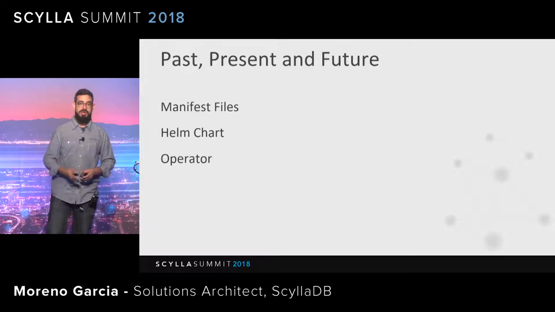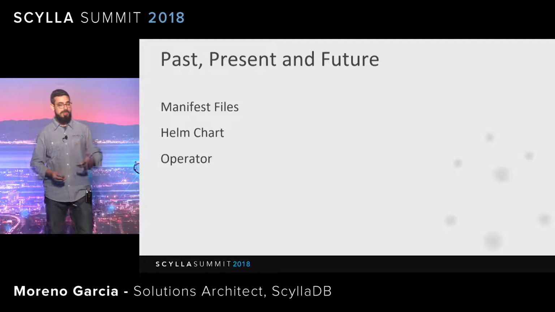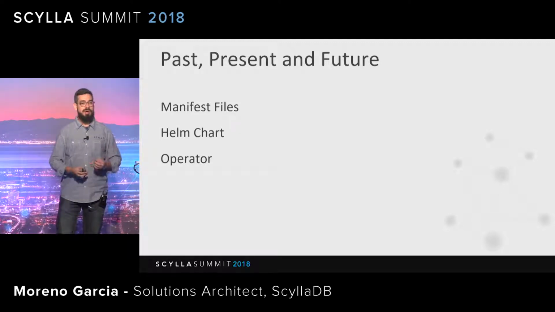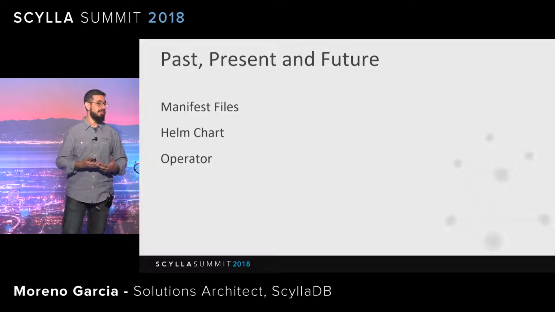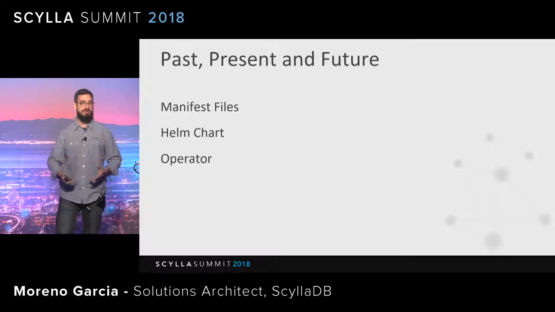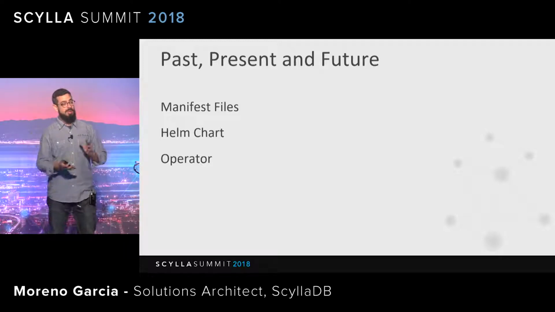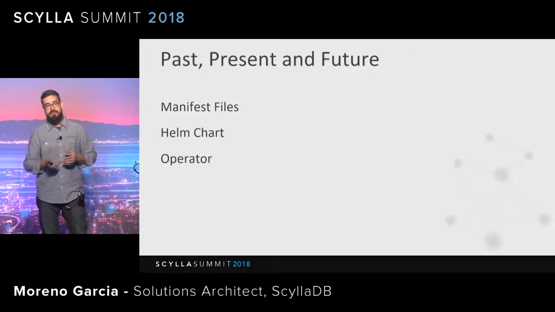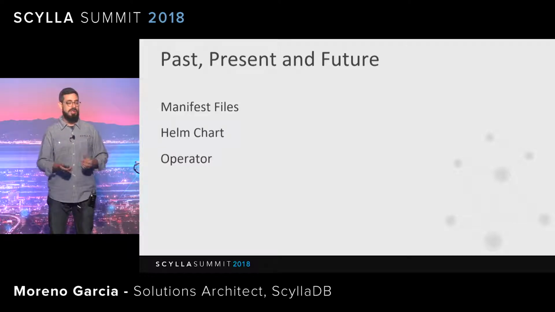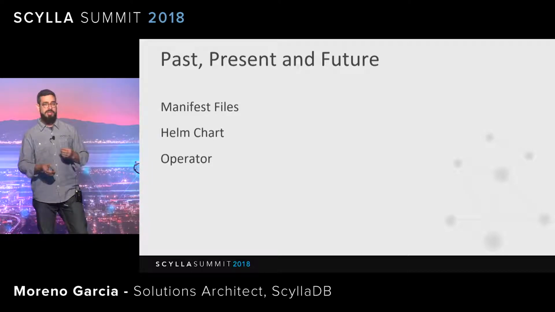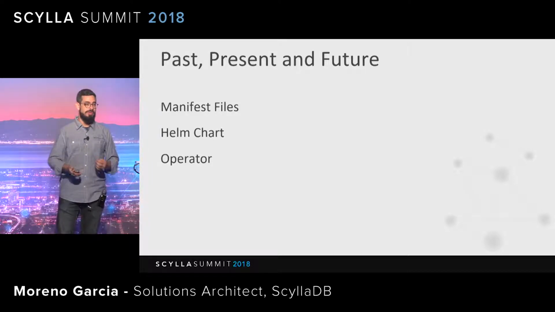So we have the Helm chart, but Scylla is a database that was designed to extract every bit of resource from the machine. When you put in all these abstraction layers, other than the performance, it can get a little difficult to handle.